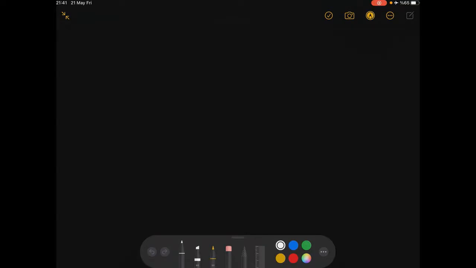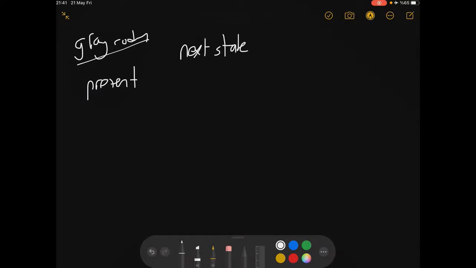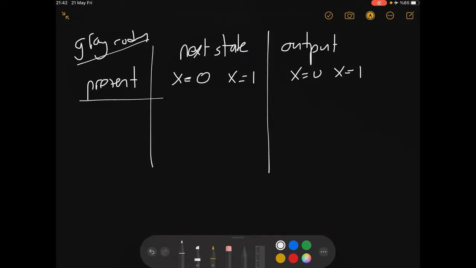How we do it is pretty similar. You will have your present state and your next state and your output, which is dependent on your x. All right, x equals 0 and x equals 1. That's what you have here.